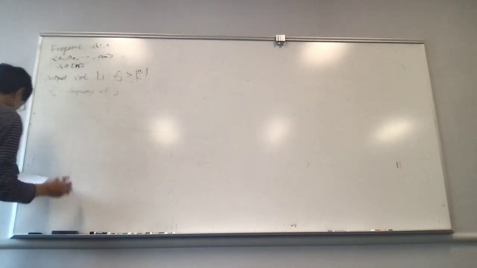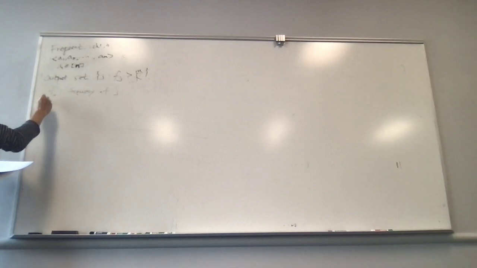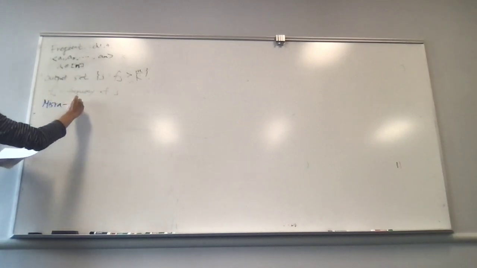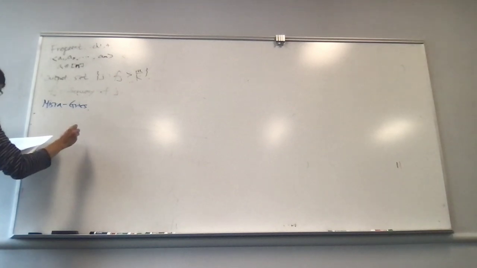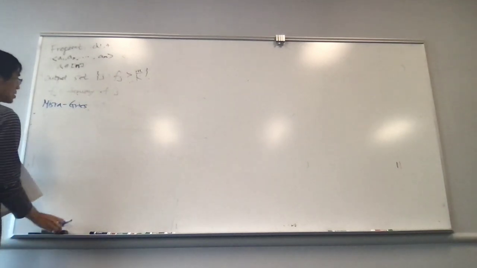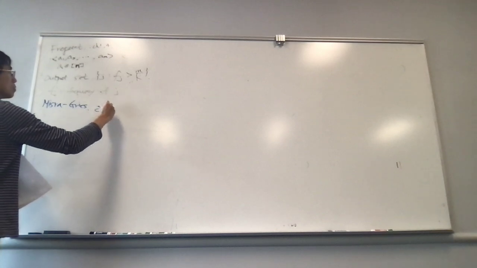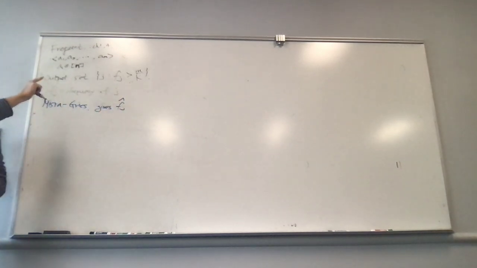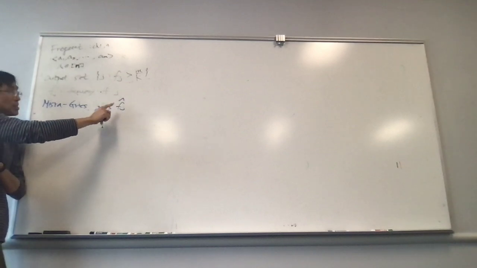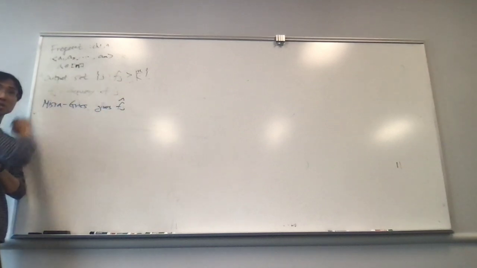So we show that Misra-Gries gives estimates. We put a hat to emphasize that it's an estimation, so fj hat is the estimation of fj.